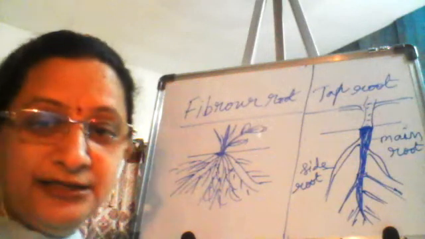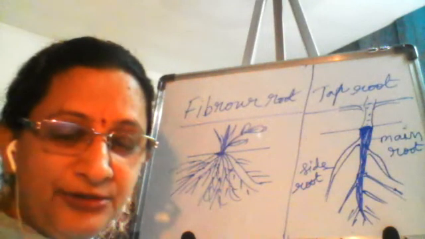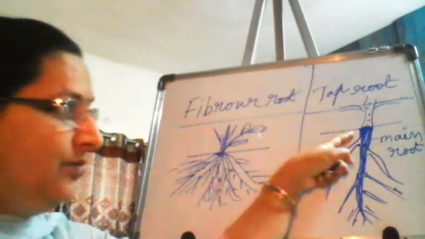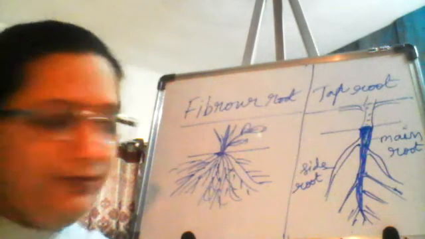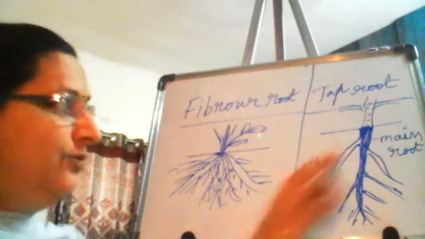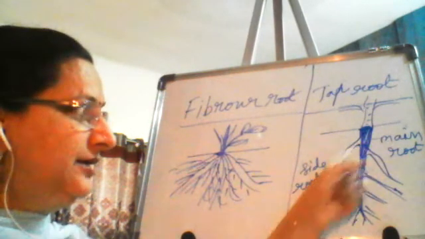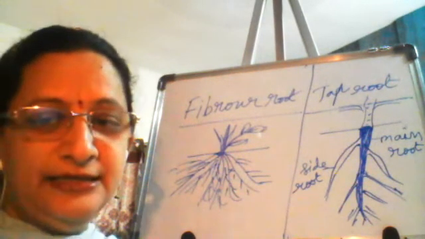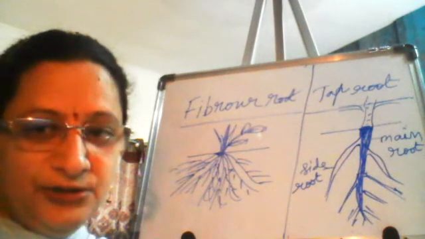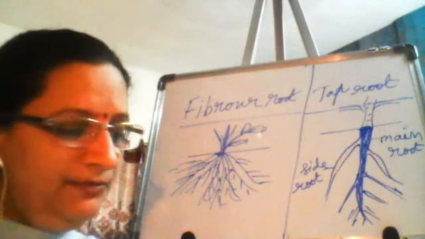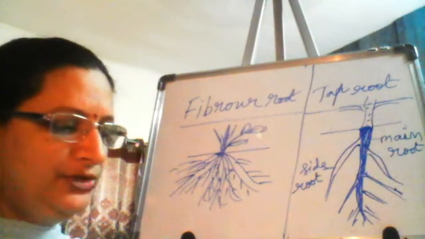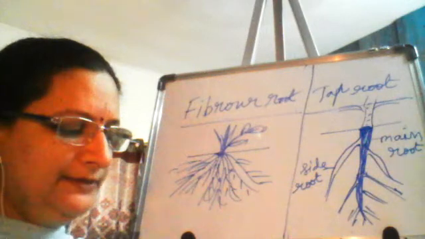So you can understand how the fibrous roots start from the end point of the stem, and how the taproot starts from a single point of the stem, and how the main root is in the center and how the side roots are in the sides. So this is about the root system and the shoot system. We are going to learn about the functions of root in our next class.